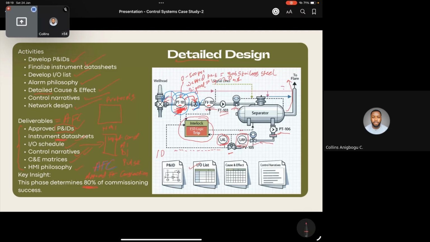If I see the P&ID and I cannot determine the information I want, I can ask you to give me the cause and effect matrix and the control narratives. Between those three documents, I will have a complete understanding of how the plant functions, right?